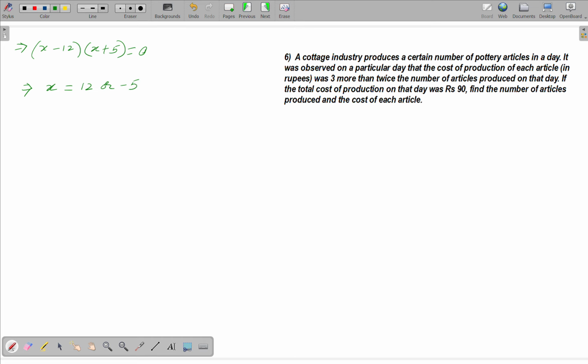Since x is the base, it cannot be negative.